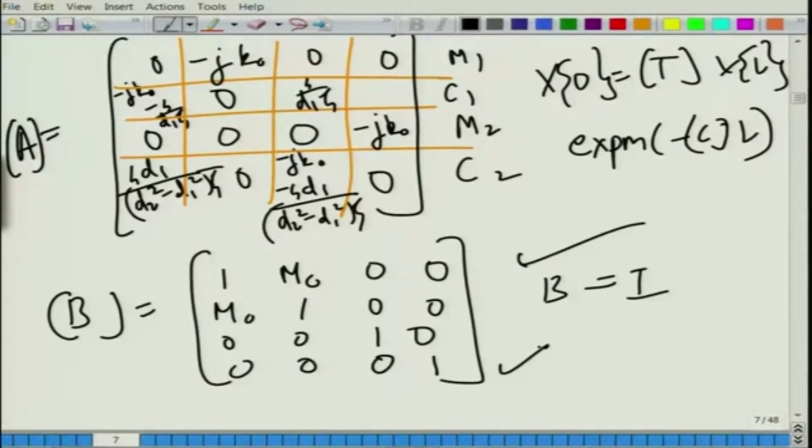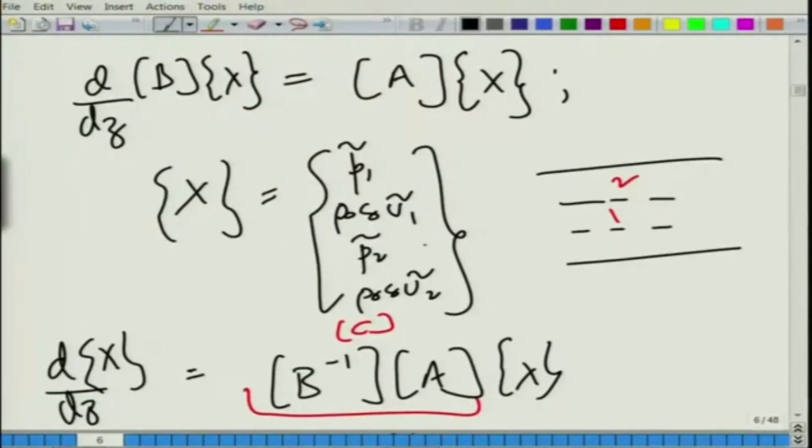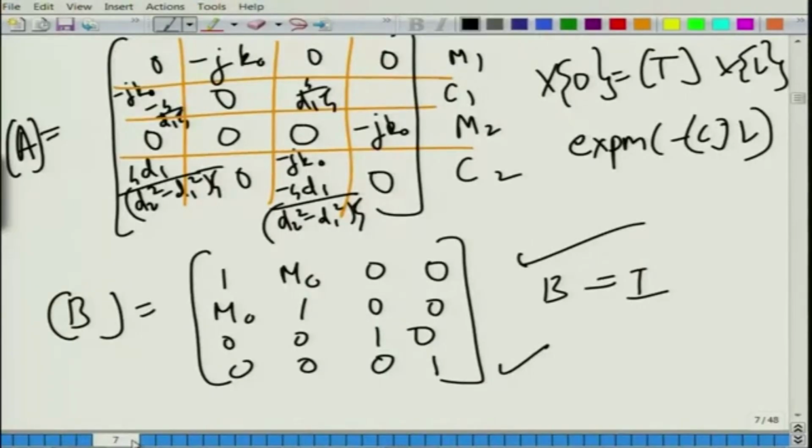If you set M naught as 0, then we get back the identity matrix and we need not invert it; it is just I times the state vector. If M naught is non-zero, then it is a good idea to invert the matrix and pre-multiply it with A, to get C. Now we just need to invoke the function expm of Ct. I discussed this derivation in a little detail in the last class.